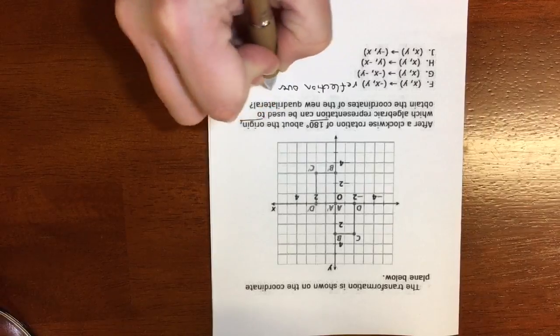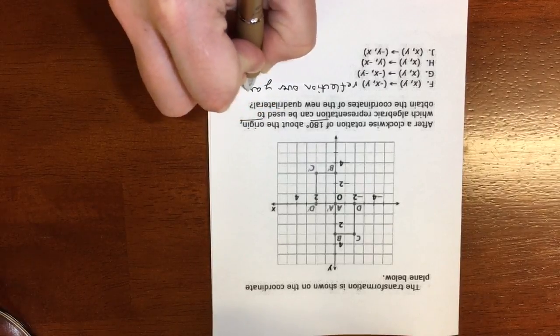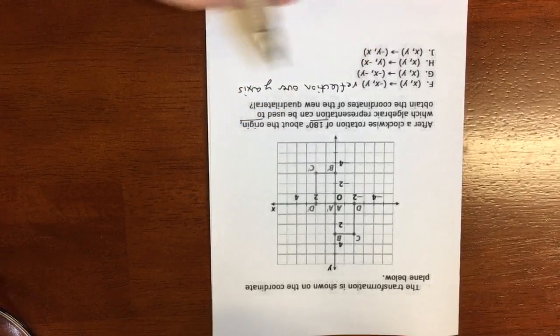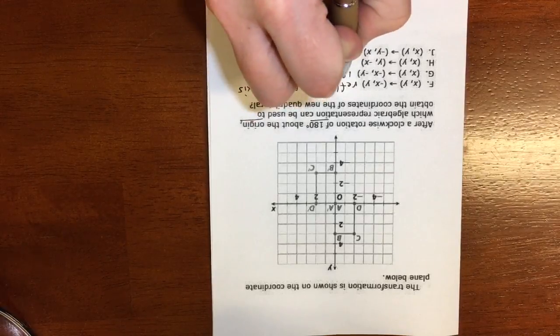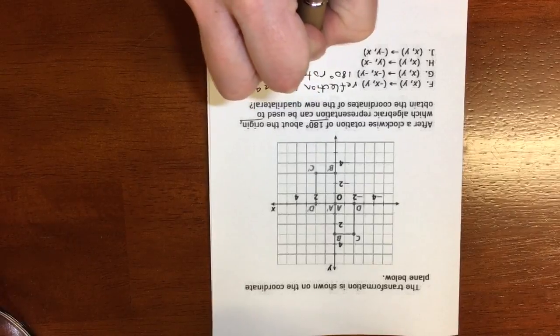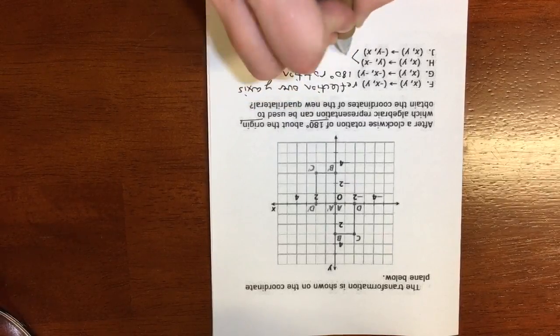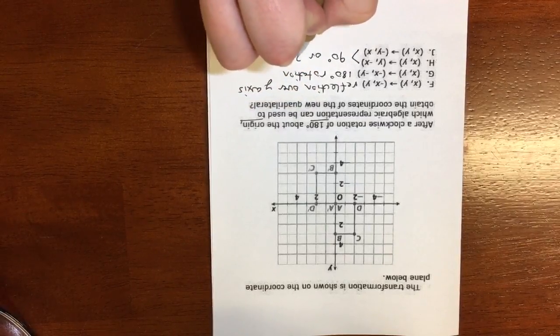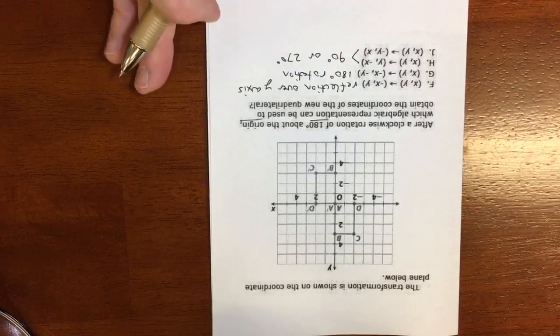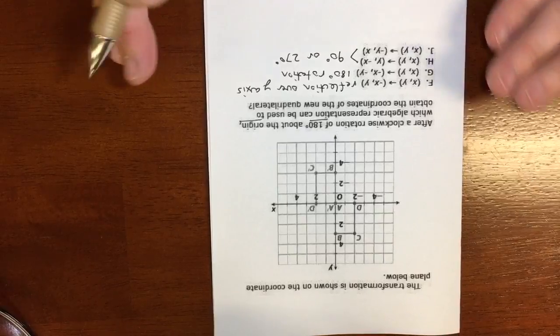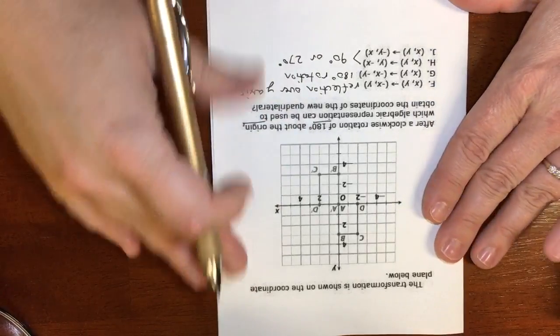So that's a reflection over the y-axis because the y didn't change. Okay, and I remember this is a 180-degree rotation. And I remember these are either 90 or 270. But I don't really remember those off the top of my head. So if you can't remember this, just pick some points and use these points.